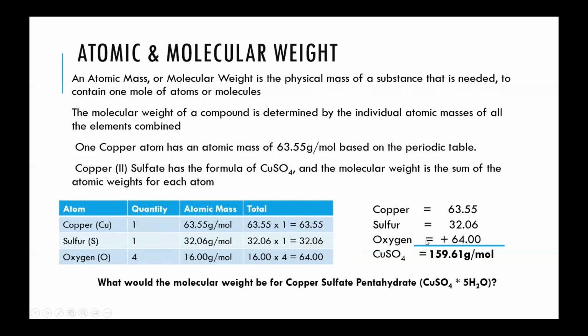This is the mass that is needed in order to make up 1 mole of this compound, 1 mole of copper sulfate molecules. So 6.02 times 10 to the 23rd individual molecules of copper sulfate weighs 159.61 grams.